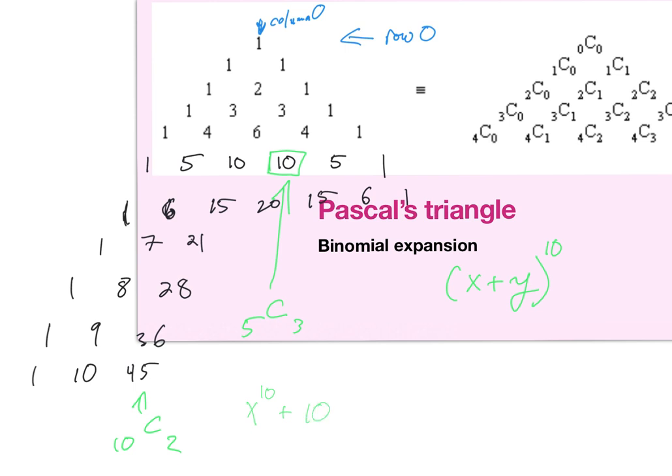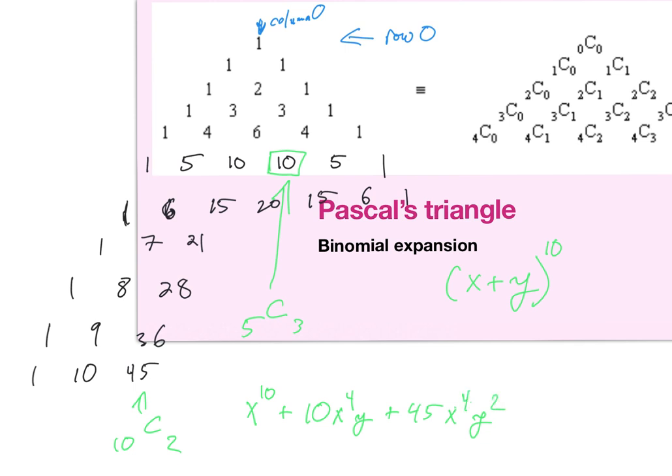plus 10x to the 4th y plus 45x cubed y squared. See what I'm doing here? 1, 10, 45, and it would keep going its way down. Oh, sorry, no, that would actually be x to the 4th y squared.